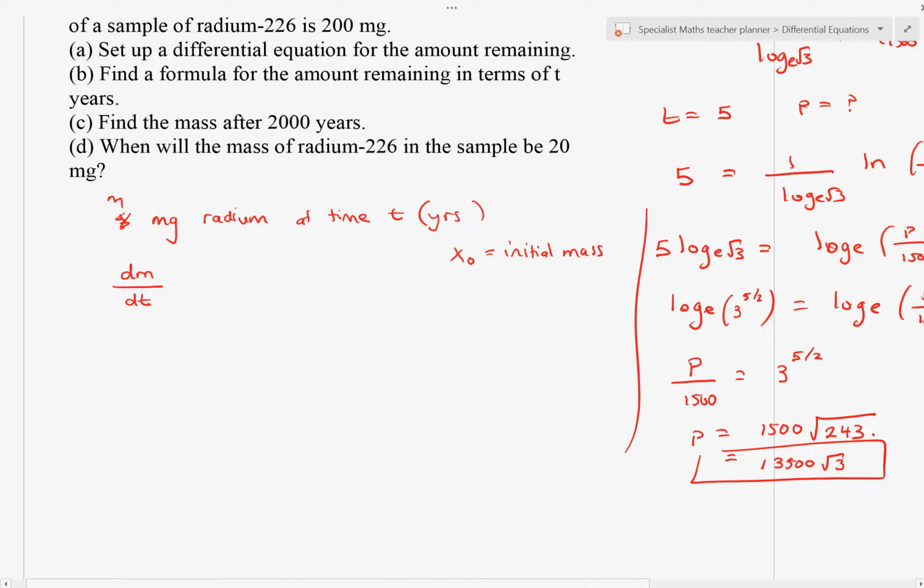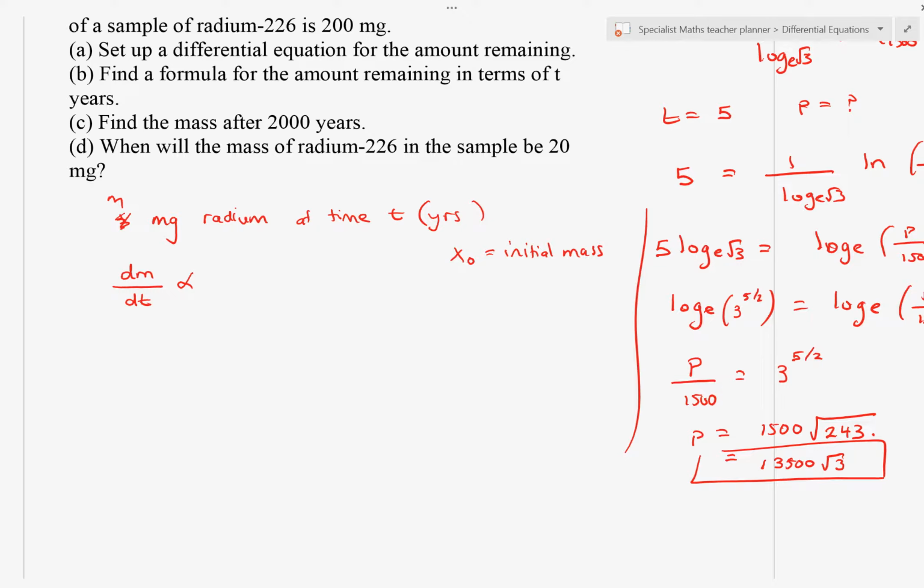Okay. Now, dmdt is proportional to what? What's the initial mass? Negative dmdt is proportional to m because it's saying the rate of decay, which is going to be negative. So it's proportional to the mass.